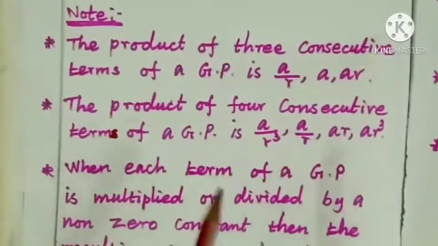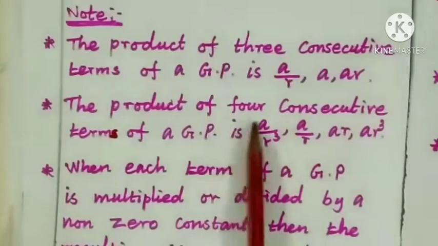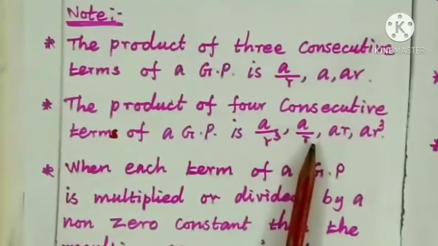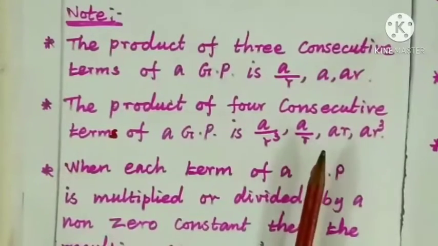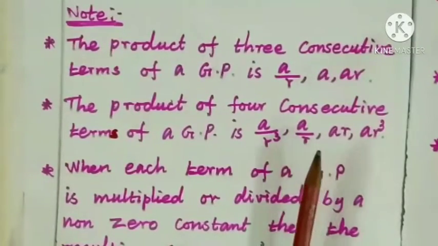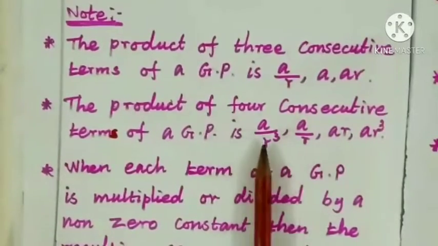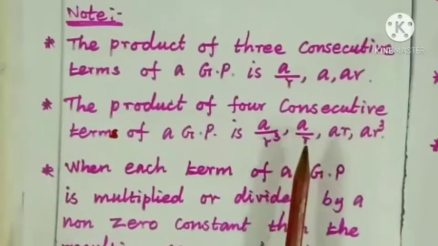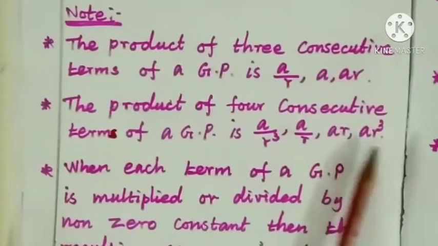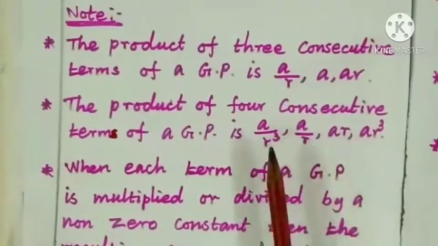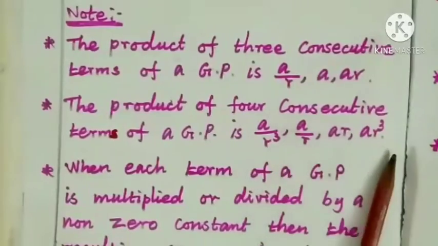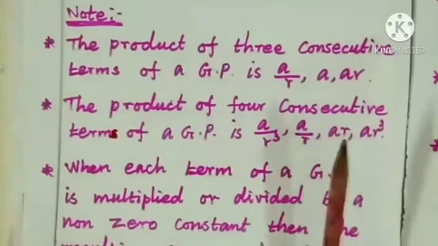That is, when the product of four consecutive terms is given for a GP, then we can take the four terms as a/r³, a/r, ar and ar³. Here the common ratio is r².